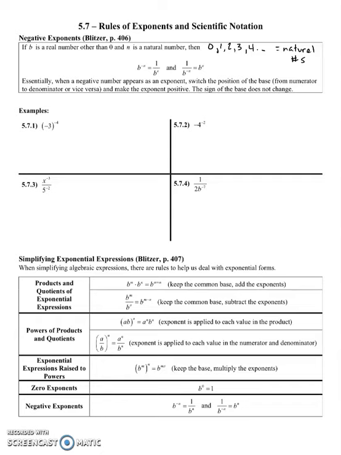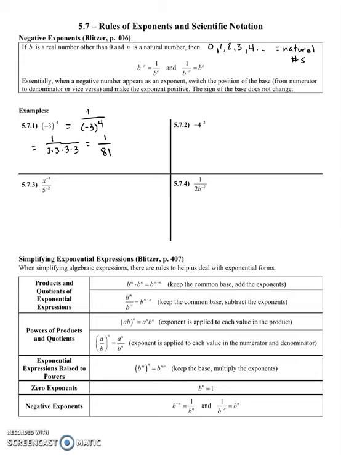So for example, negative 3 to the negative 4th power is 1 over the quantity negative 3 raised to the positive 4th power, which is 1 over 3 times 3 times 3 times 3, or 1 over 81.